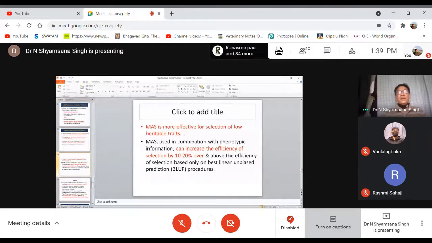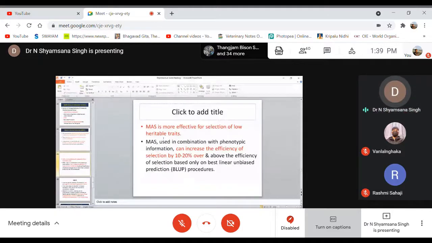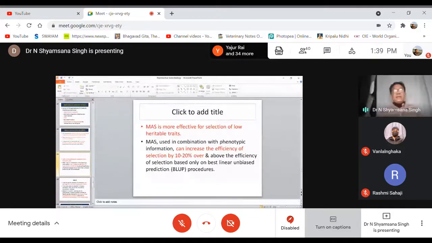Here, marker assisted selection can be used for low heritable traits just by identification of those desirable DNA segments, their presence or absence. Marker assisted selection can also be combined with phenotypic information, which will increase the efficiency or accuracy of selection by 10 to 20%.